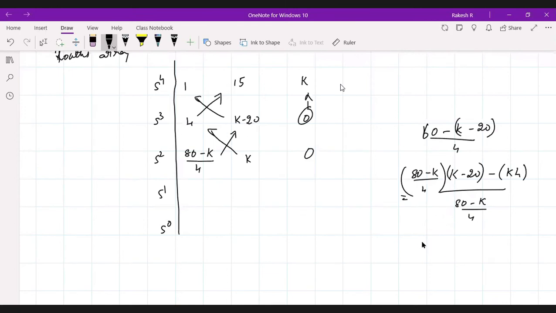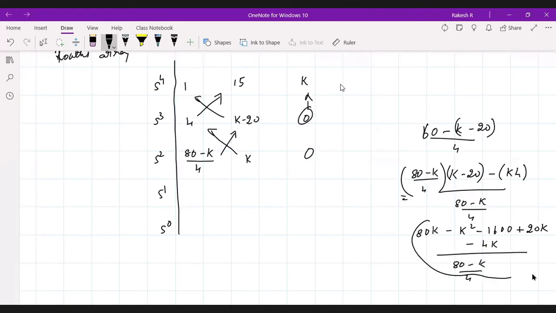This becomes 80k minus k square minus 80 into 20, that is 1600, plus 20k minus 4k, whole divided by (80 minus k) divided by 4. We shall keep it like this only.